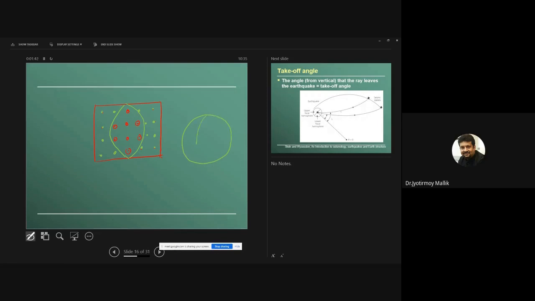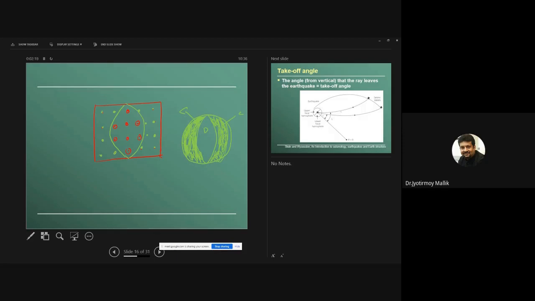They would look like this, where both sides are compressional. And in between, so this is compression, and this is dilation. And this speaks for the picture that I just talked about.